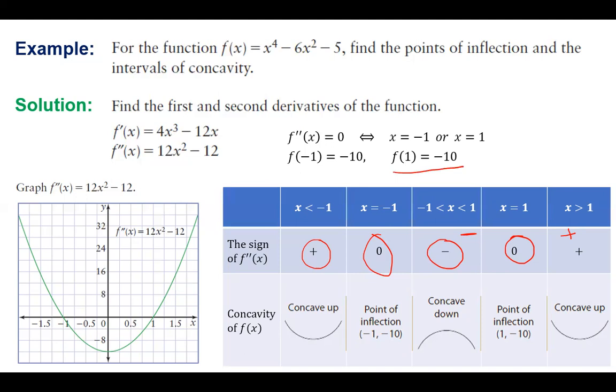You understand? So this is how we can find the point of inflection, or any interval that is concave up or concave down. Understand? Okay. Any questions? If not, let's see another example.